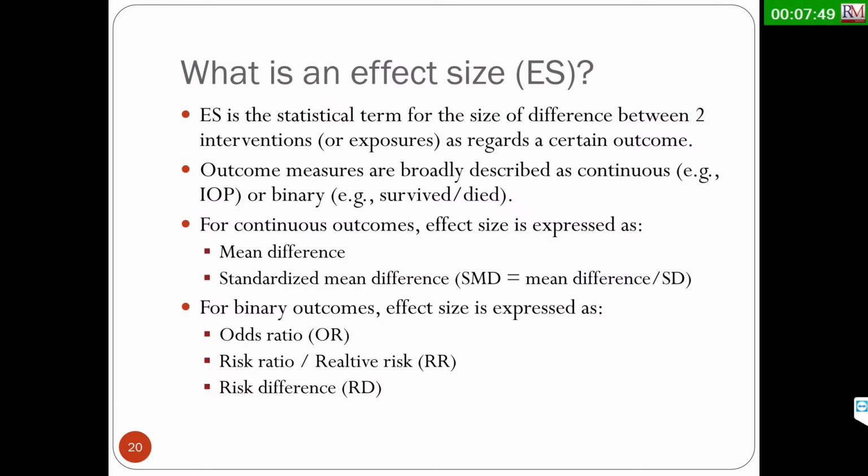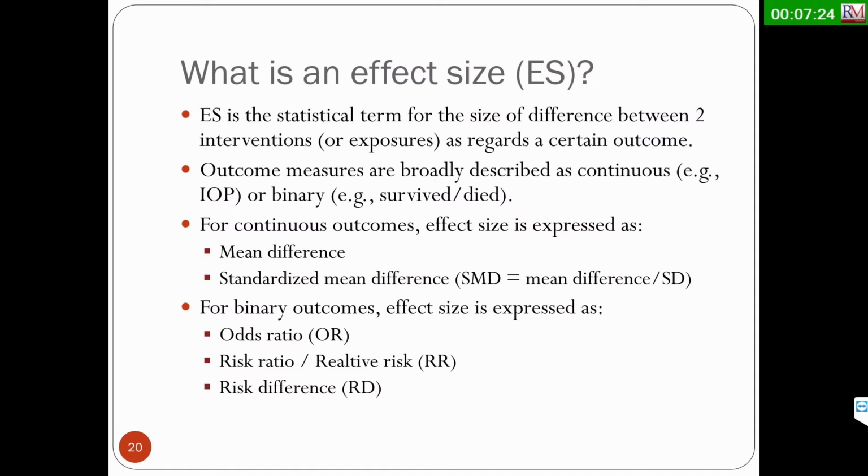Now, what is an effect size? We read also this term. The effect size is simply the difference between the comparator and the control. According to the type of the outcome, if it is a continuous outcome like arterial blood pressure or IOP, or it is a binary outcome like survival, death or survival. Here we present the outcome as mean difference or a standardized mean difference.